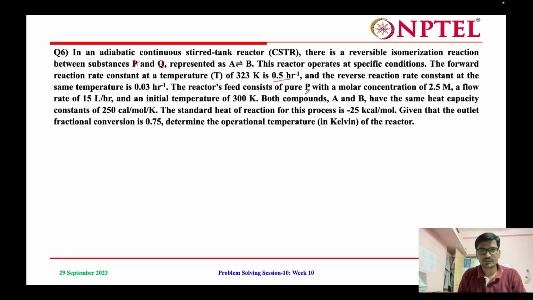The reactor feed consists of pure A with a molar concentration of 2.5 molar, a flow rate of 15 liter per hour, and initial temperature of 300 Kelvin. Both compounds A and B have the same heat capacity of 250 calorie per mole per Kelvin. The standard heat of reaction for this process is minus 25 kilocalorie per mole. Given that the outlet fractional conversion is 0.5, determine the operational temperature of the reactor.